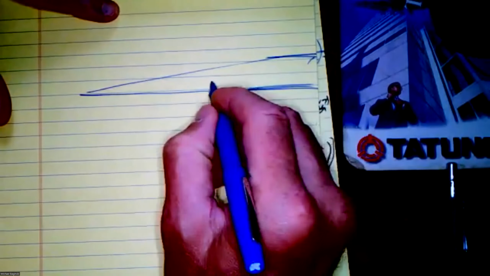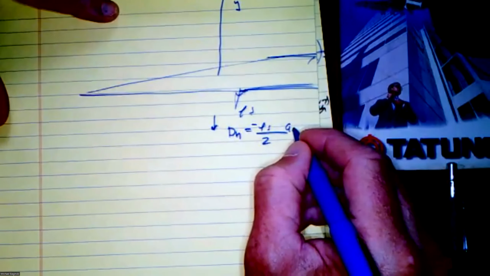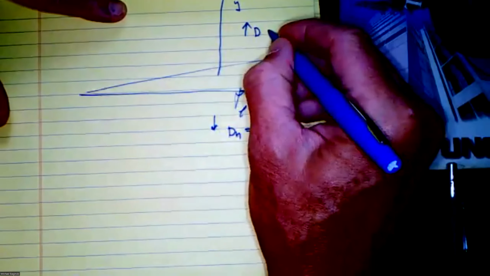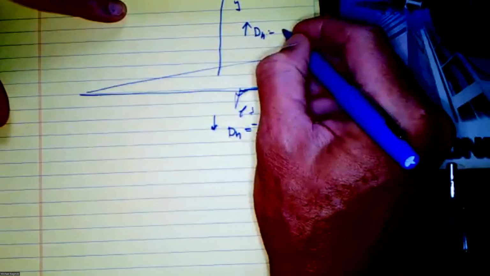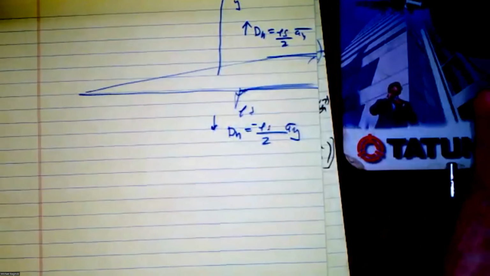Now, I know the D field below it is in the downward, minus a_y direction. It's simply rho s over 2 a normal, and in this case there'd be a minus. Above it, the D field, D normal, would be equal to rho s over 2 a_y. It will not be a function of epsilon above or below because the charge is there. Do you all follow me, class?